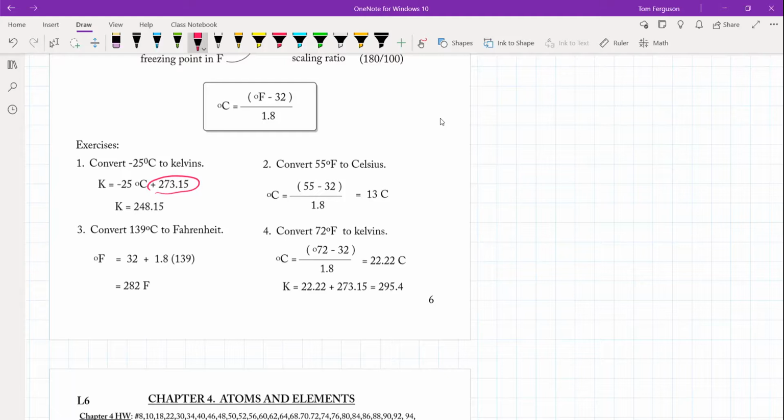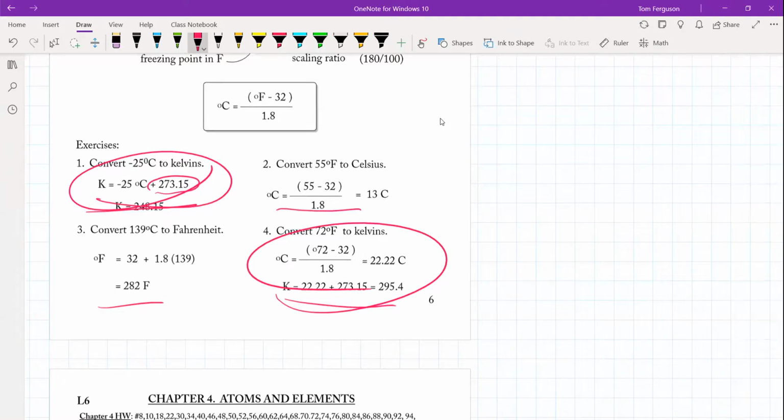If you want to convert Fahrenheit to Celsius, you have to take out the 32 and then divide by 1.8. And these are just a series of conversion factors going back and forth. The easiest one is this one and this one, because you're either adding or subtracting 273.